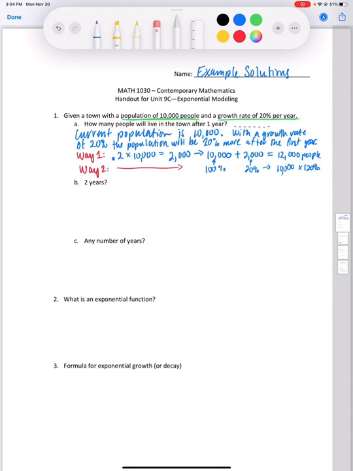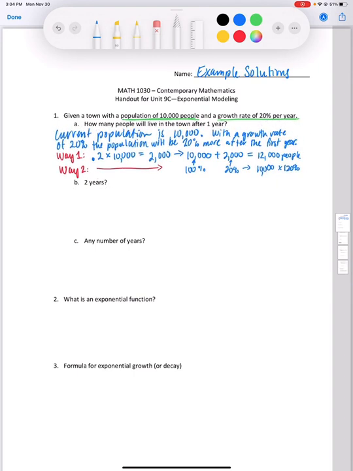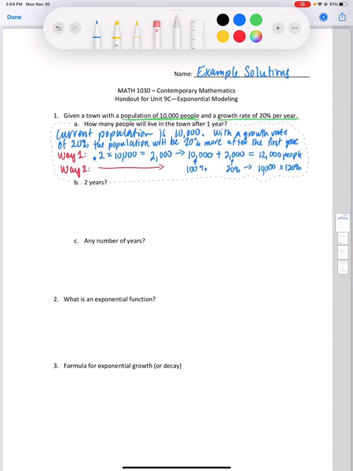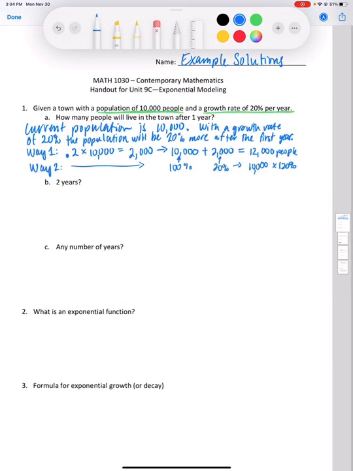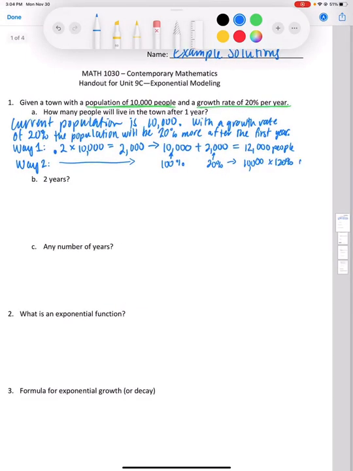Okay. Let's show this by moving all of this over a little bit. So 120%, or 1.2, will still give you 12,000 people.